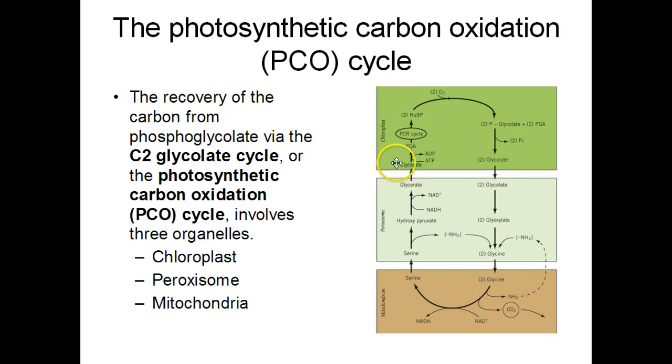And it involves three different organelles: the chloroplast, the peroxisome, which I don't think you've heard about, and the mitochondria. It's called the PCO cycle, the C2 cycle. I just prefer to call it the C2 cycle. You just need to worry about the fact that it occurs in these three organelles.